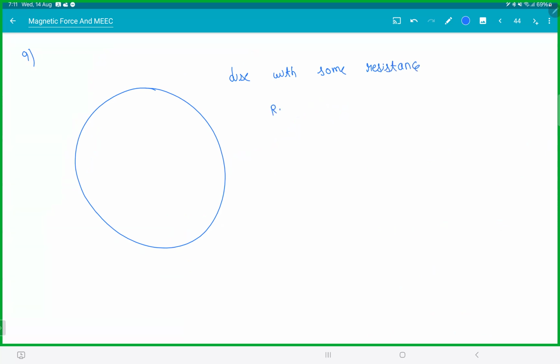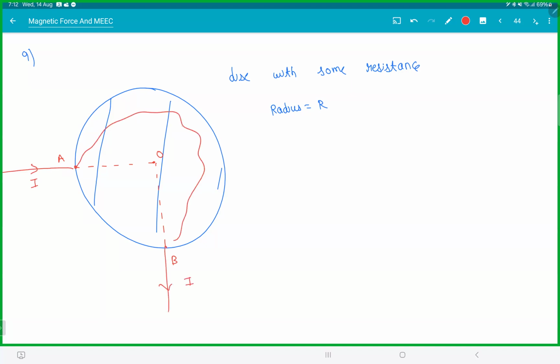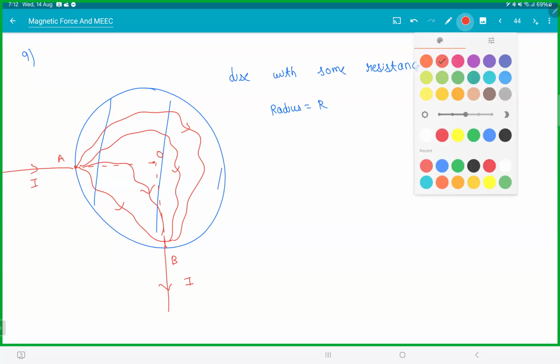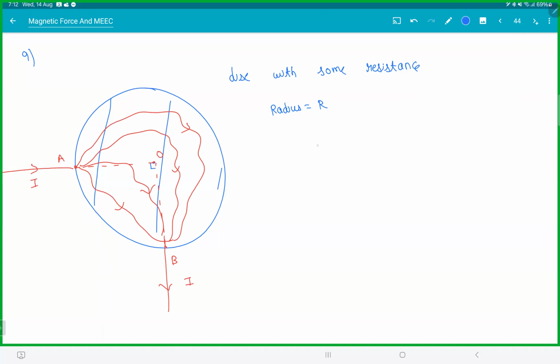Radius is R. This is point A, this is O, and this is B. You're sending current I from A. Since the shape is non-uniform, the current will go however it wants. Current enters here and comes out from there. That AOB is 90 degrees.